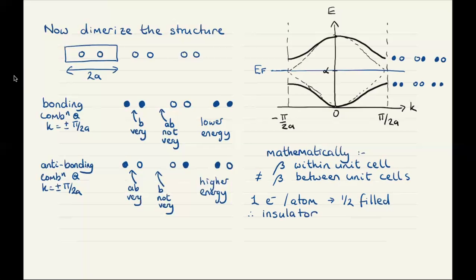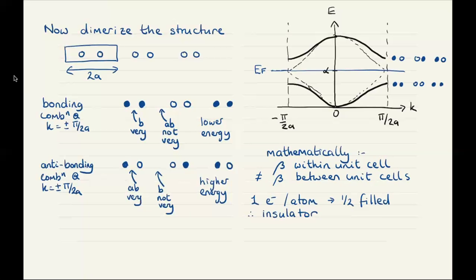So our system that would have been metallic, our one-dimensional chain of hydrogen atoms of 1s orbitals in the LCAO theory with one electron per atom as a metal, but when we allow it to dimerize, then it becomes an insulator.